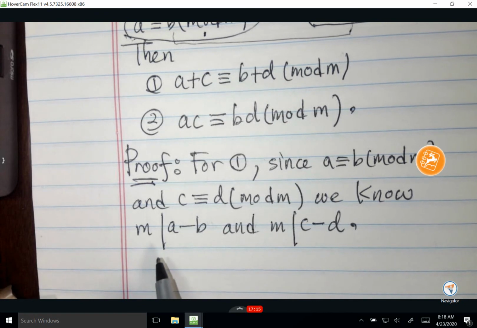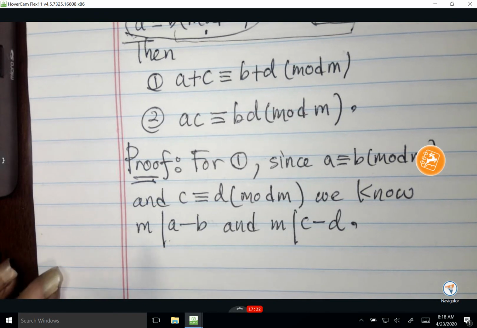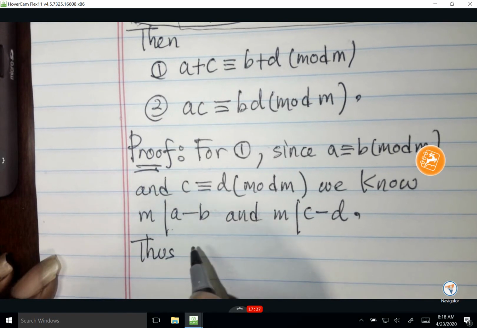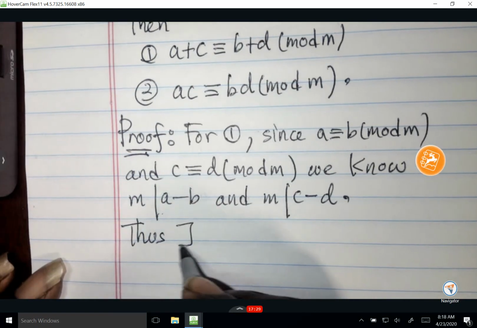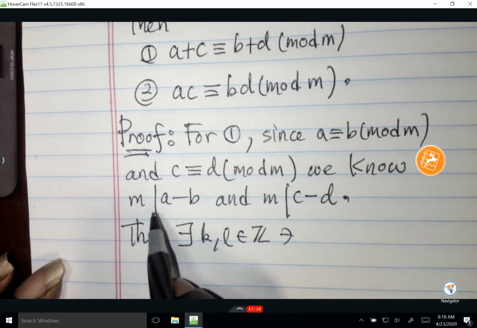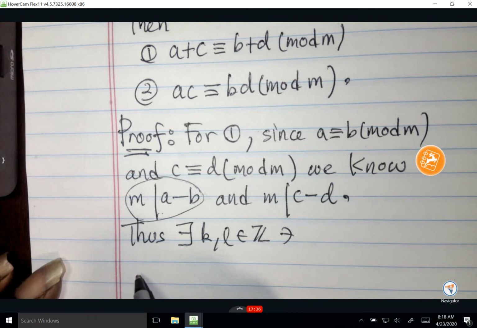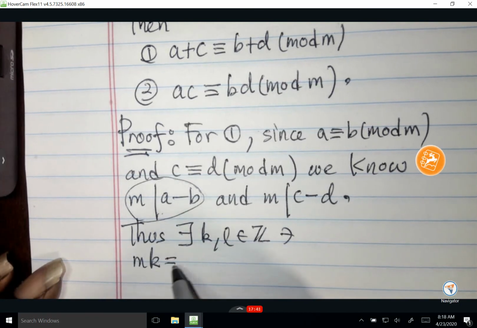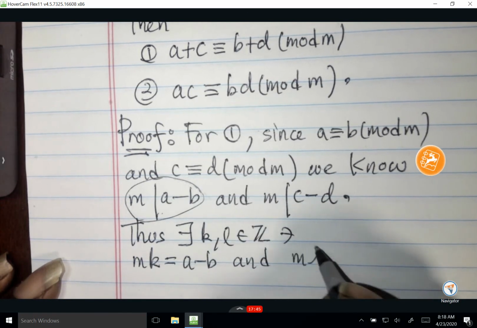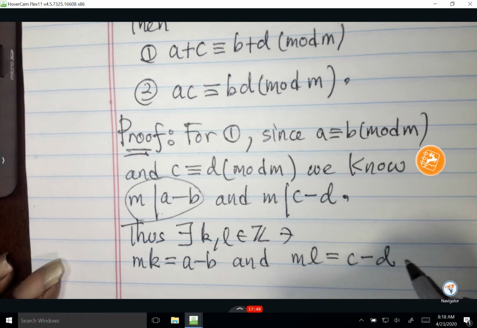Now, two pages ago, I know the definition of division. That means both these numbers are a multiple of M. I don't know the multiples are the same, so I have to use different letters. So I'll use K and L again. Why not? There exist two integers, K and L, in Z, such that for the first division, MK is A minus B, and for the second division, ML is C minus D.